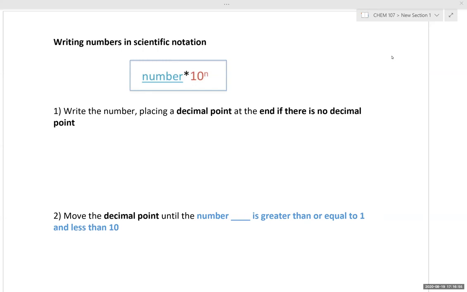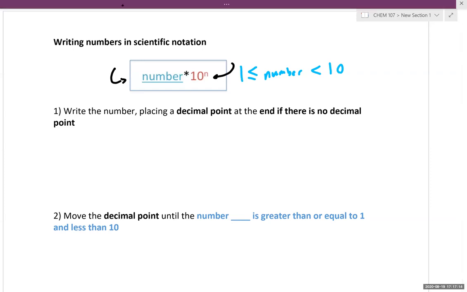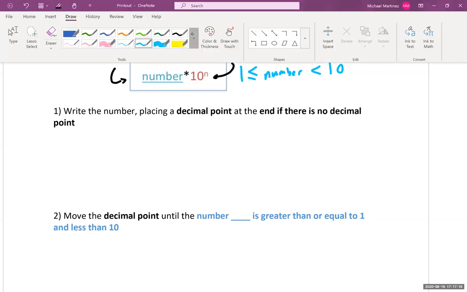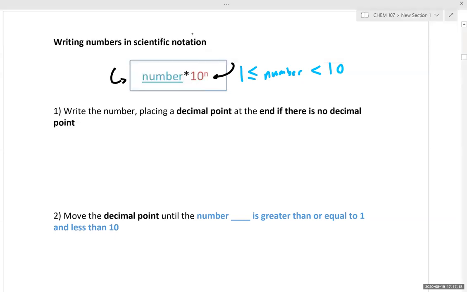Scientific notation is of the form a number times 10 to the n. And remember, the number that we use for scientific notation must be less than 10 and greater than or equal to 1. Okay? So then, if we try to write a number in scientific notation, here's the step-by-step process.